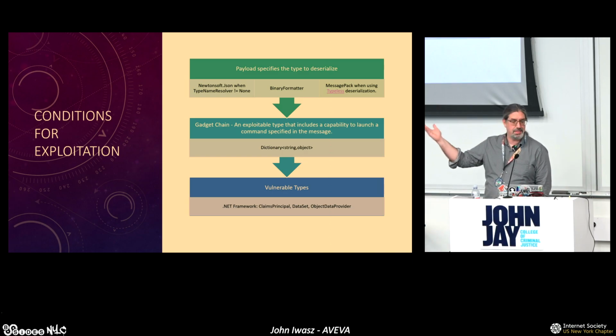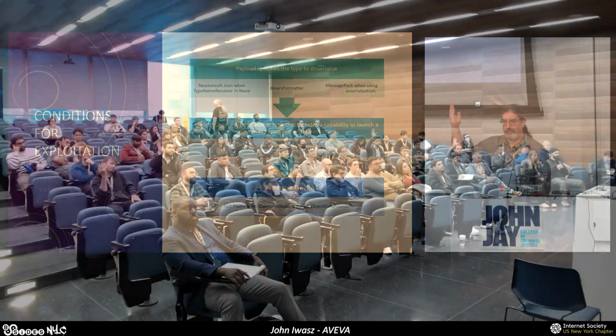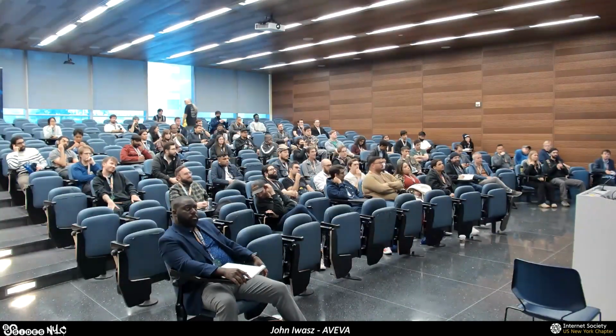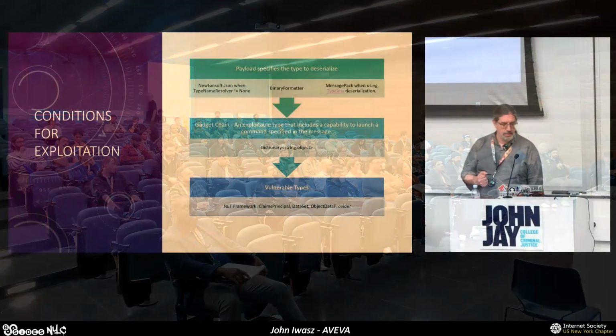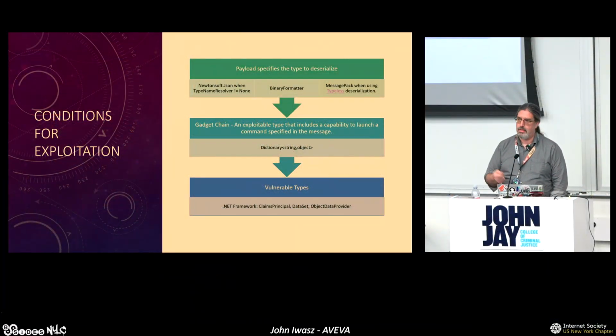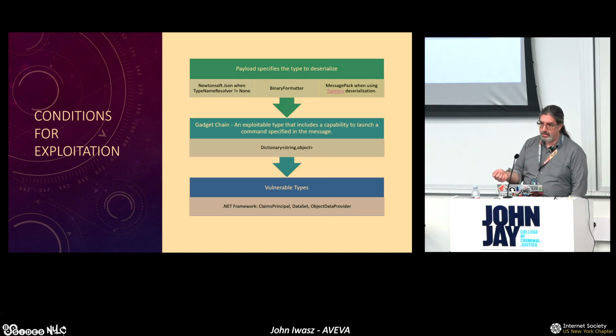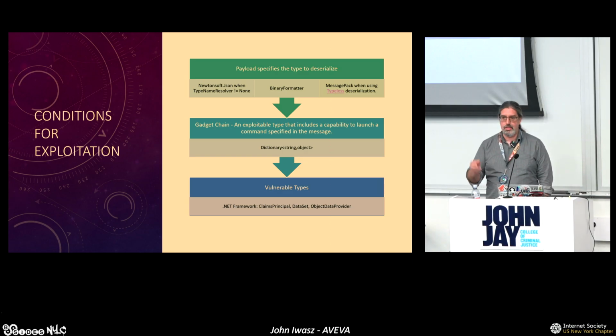How many of us have legacy applications running around in our environment still? Right? We don't want them, but they're out there. So if you've got .NET 4.8, older versions of Java, you probably have some gadget chains lying around on your web servers. So a gadget chain allows the attacker to define code that they can execute.